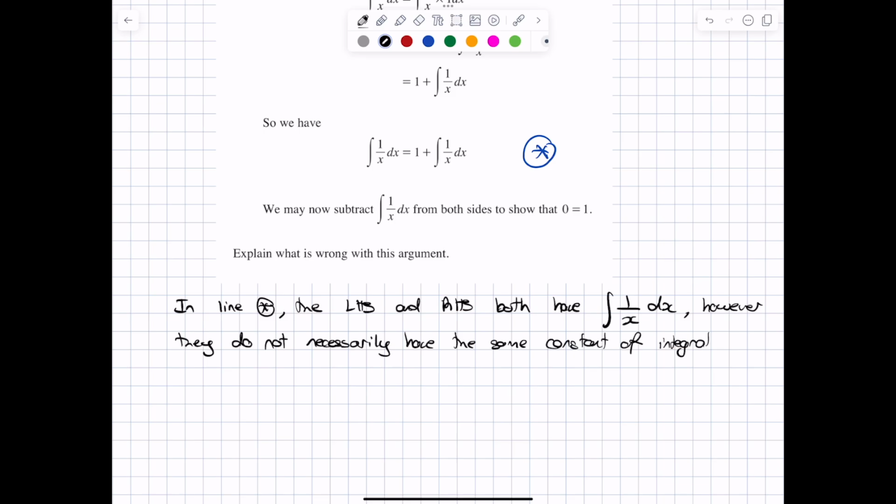So when I subtract an integral from both sides, I have to make sure that they have the same constant of integration. And here they're not going to have the same constant of integration. In fact, the constant of integration is going to differ precisely by 1.